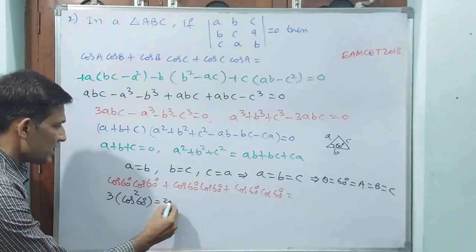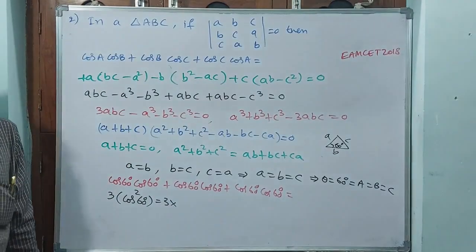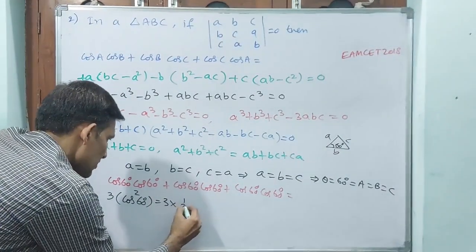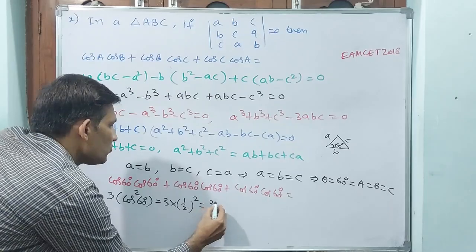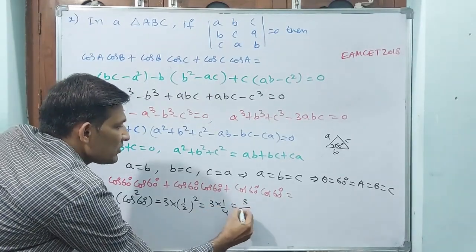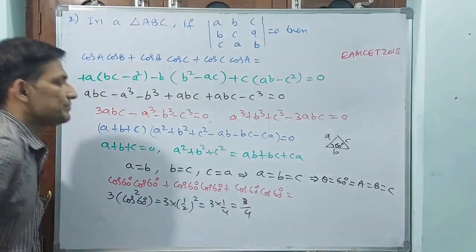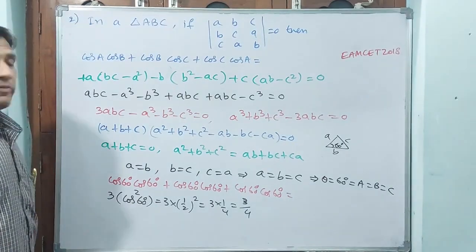That is equal to 3 into cos 60 is how much? 1 by 2. (1/2) whole square. That is equal to 3 into 1/4, that is equal to 3/4. Okay? 3/4 will be your answer.